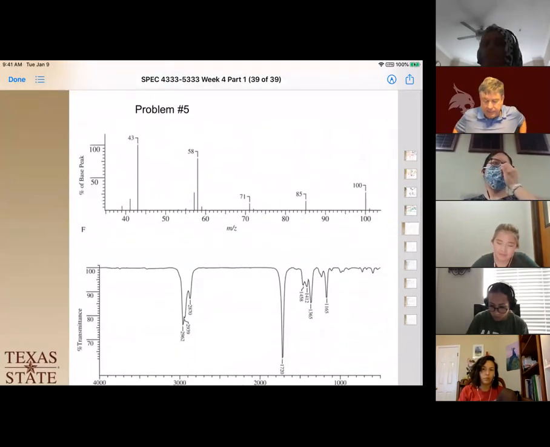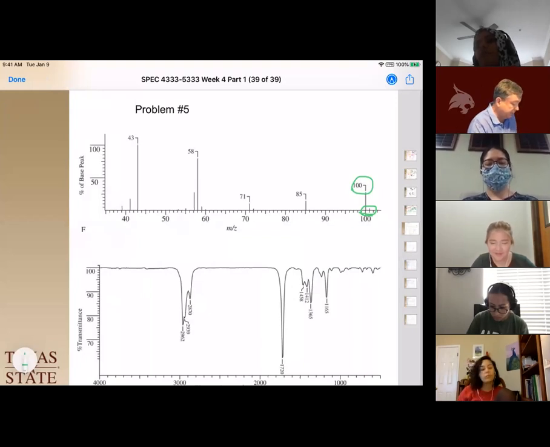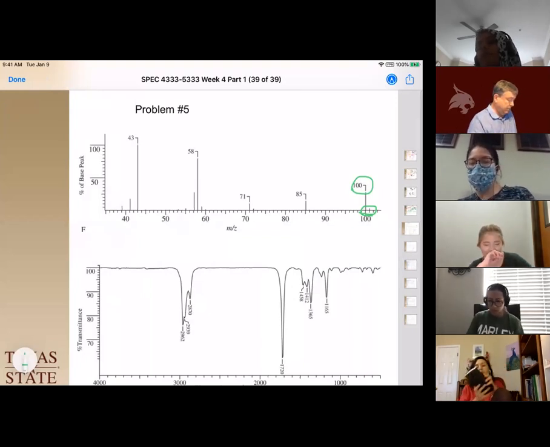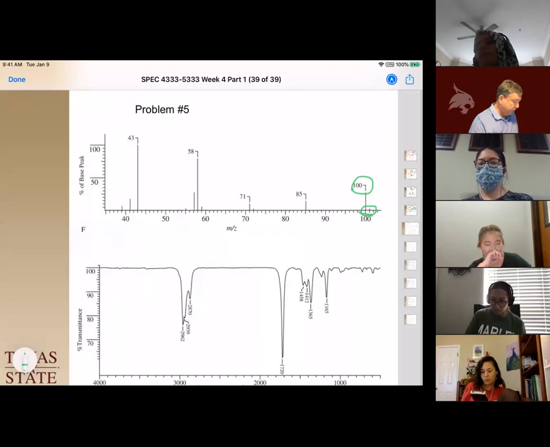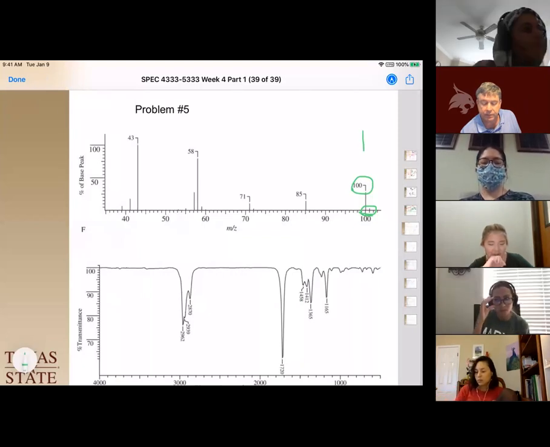Okay. So let's see. We have a parent ion peak of 100. Too bad they didn't tell us what that was, or else we could calculate our carbon count. But there we go. We have 100, and so we're looking at something like, oh, that's actually a C4H9 carbonyl CH2, if that was just a fragment by itself.